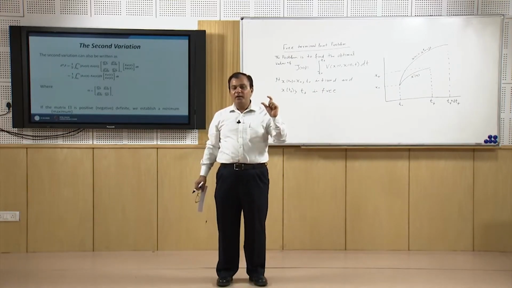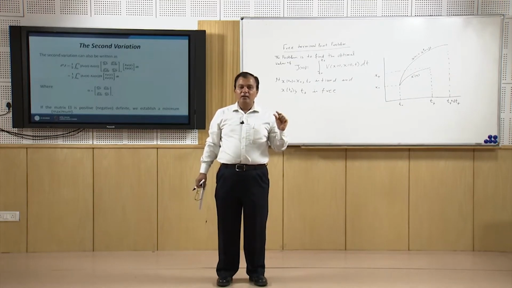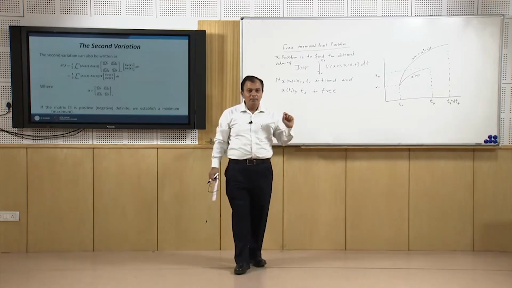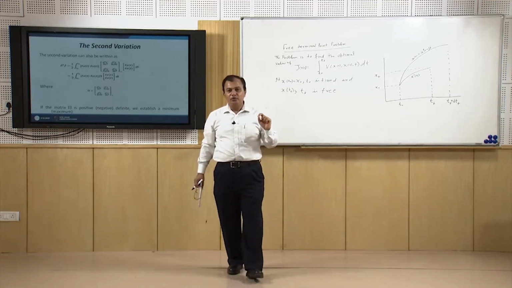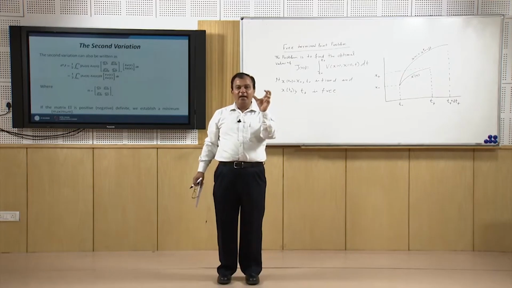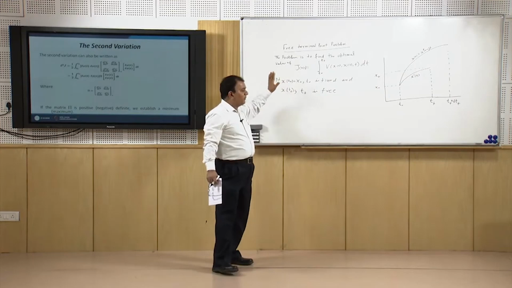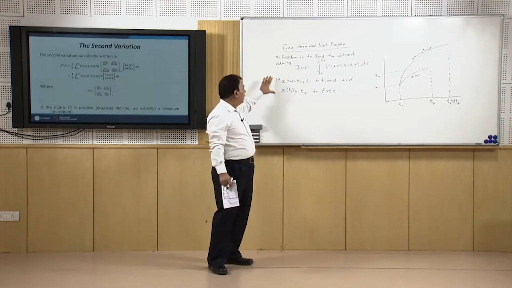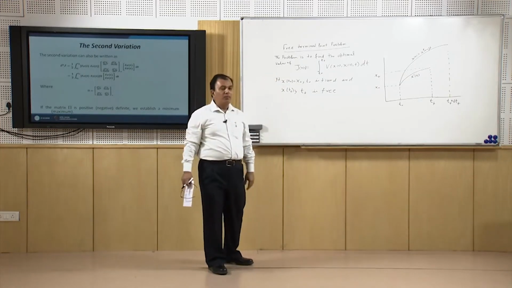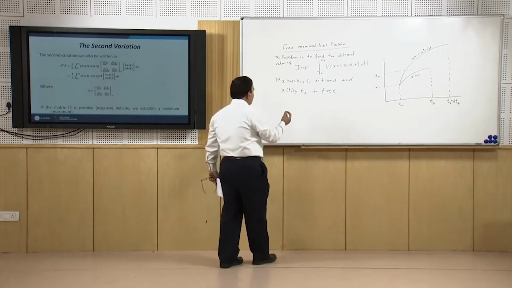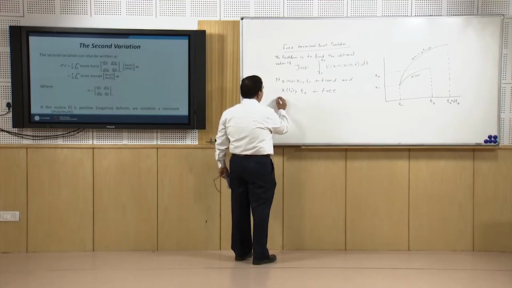From this increment we will write the first variation as per the fundamental theorem. The first variation must be equal to 0. From there we will get the conditions for this to be optimal for the given boundary conditions.